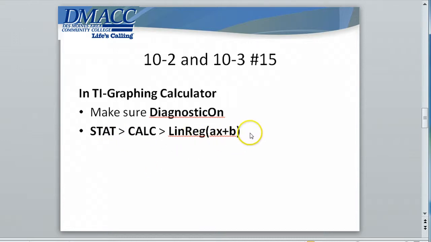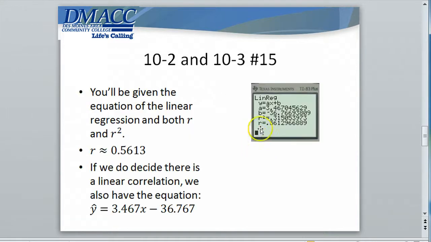And then if you need to, also include list 1, list 2, or whatever two lists you're using. And you can see, like before, we get not only r squared and r, but we also get the equation for the line. The same results that we got in Excel, including the same linear regression.